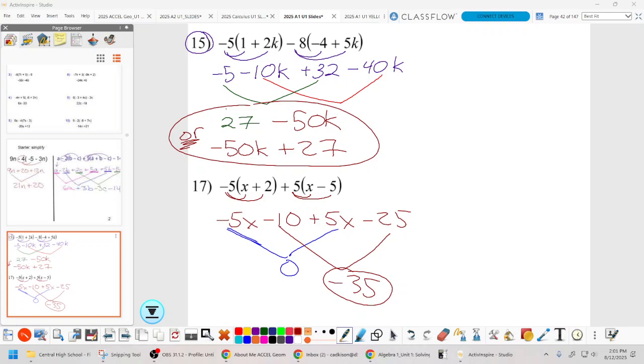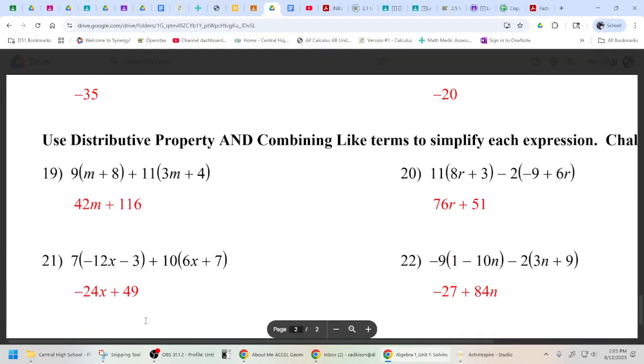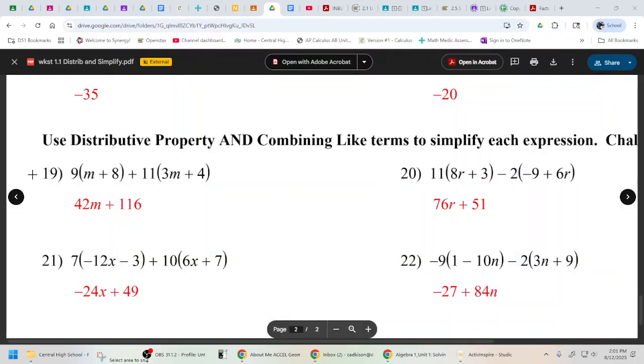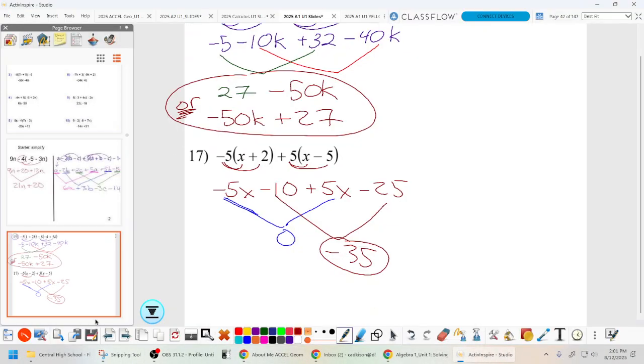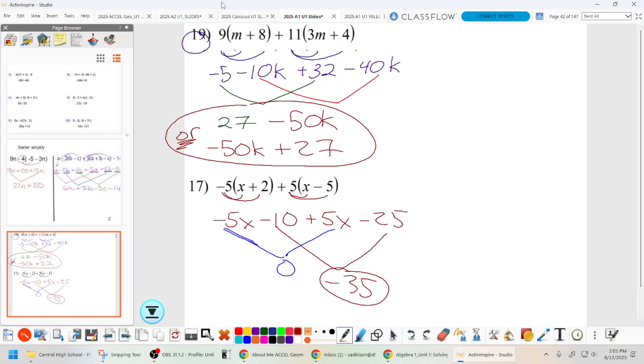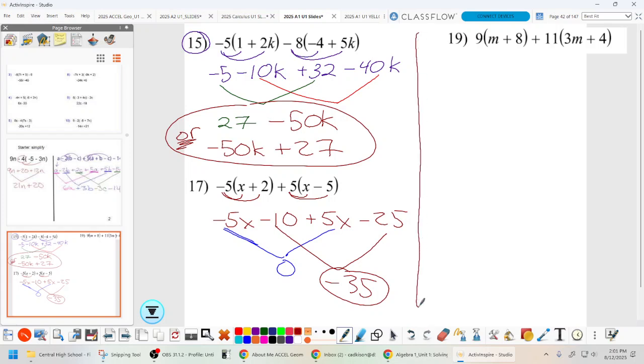Screen work? Maybe I'll do it over here. Alright, let's see if it's gonna work.